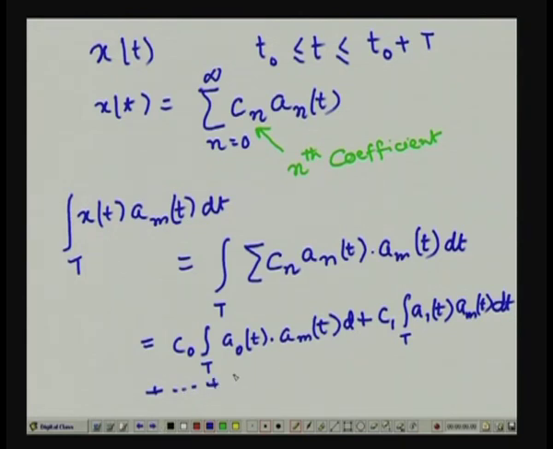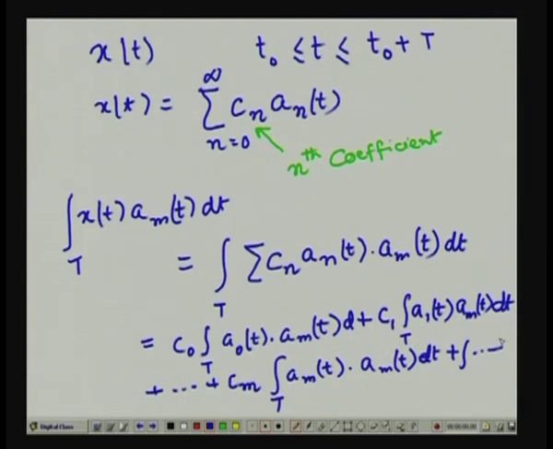We will have one term, say C_m times the integral over T of a_m(t) into a_m(t) dt, plus some more integration terms.